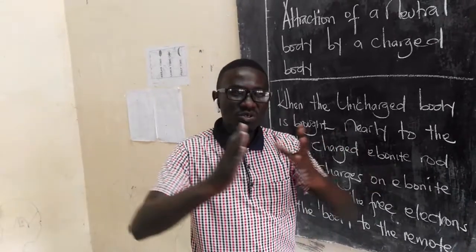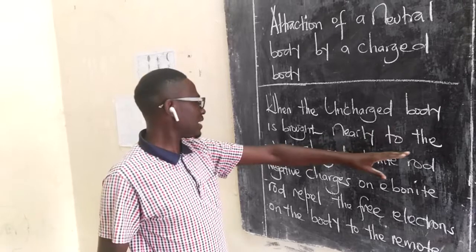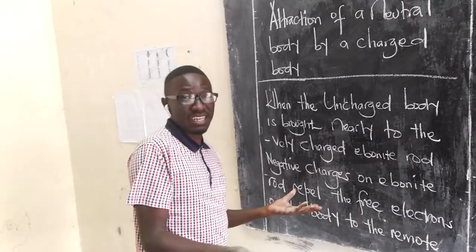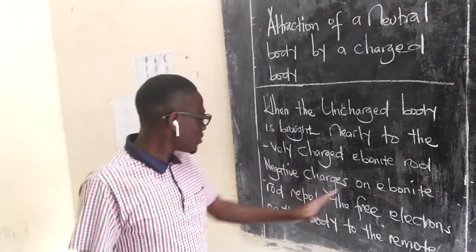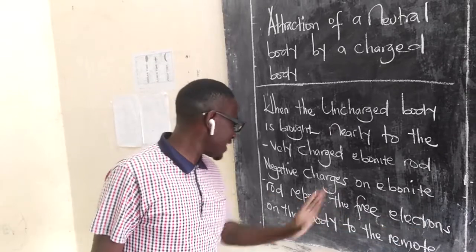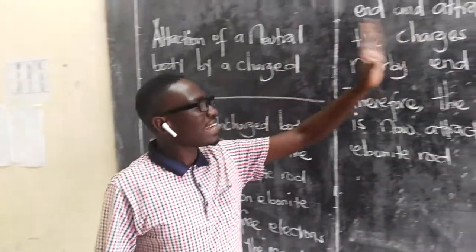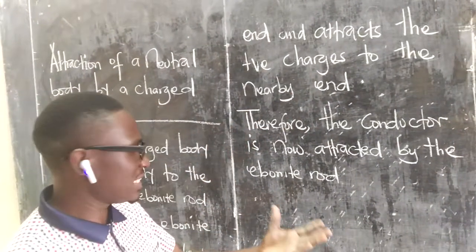Now when the uncharged body is brought nearby a charged ebonite rod that's negatively charged, we are giving an example. You could even say a positively charged rod. Charges on the ebonite rod repel the free electrons on the body to the remote end and attract the positive charges to the nearby end.